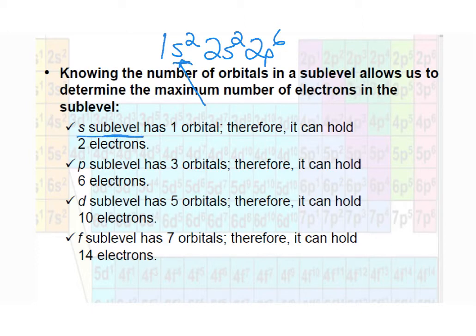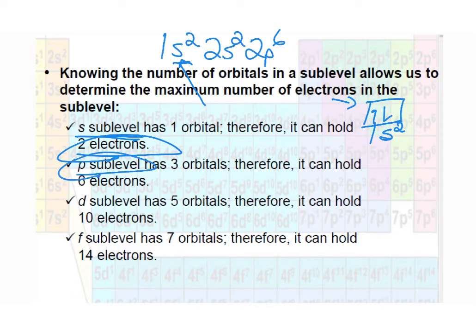So anytime you're dealing with an S sublevel, the maximum electrons it can hold are 2. So anytime you get to draw an orbital diagram, for example, for an S orbital, there will only be one box, and then assuming the exponent is 2, you'll put in 2 electrons.